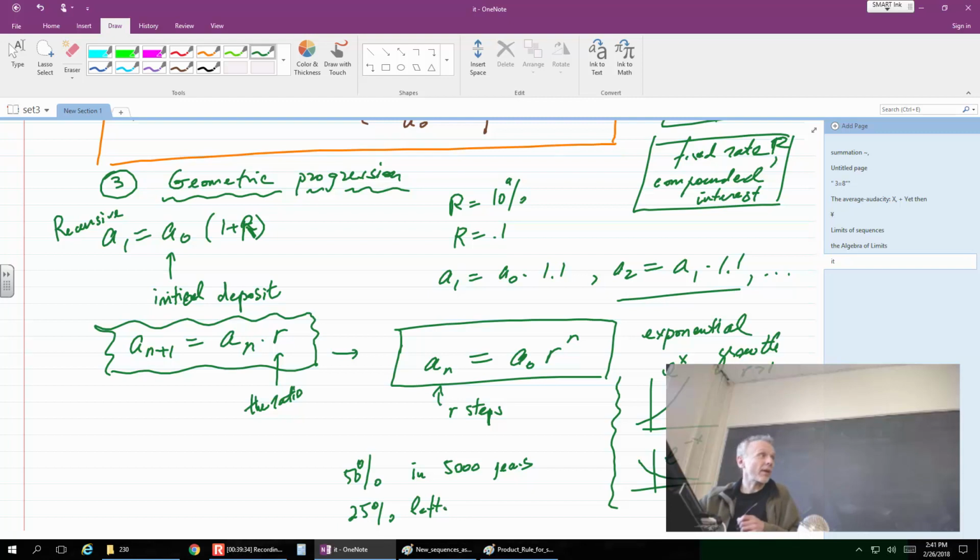So the answer is 10,000, because it takes 2 periods of 5,000 to reduce the amount to 25%, which is divided by 2 divided by 2. So 25% is 1/4, which is 1/2 of 1/2. Okay. And that's how you figure out that the answer is 10,000.